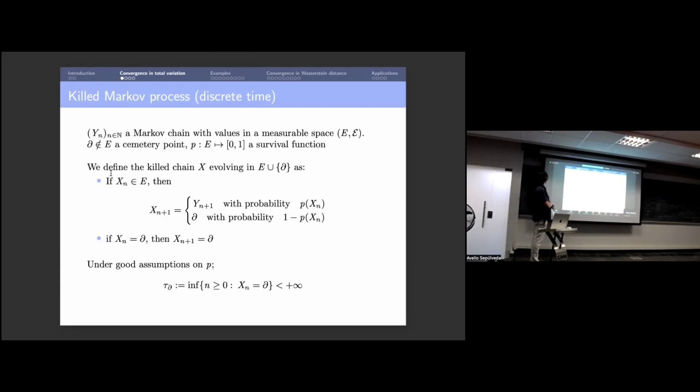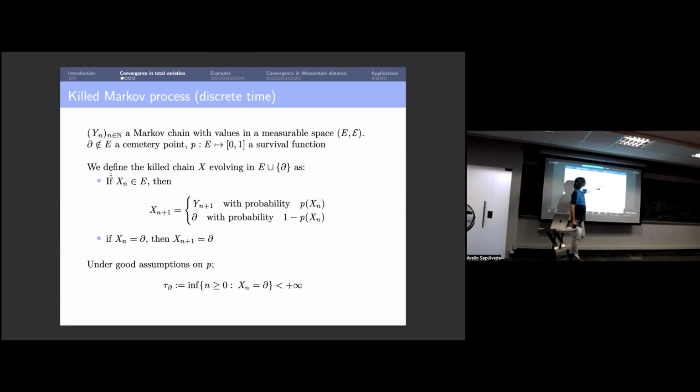So now I'm giving you the setting. I'm going to give a criterion for both discrete time and continuous time process, because this is not a problem at all to extend the analysis in the two cases. So to fix notations, I'm going to consider a killed process that is constructed starting from an unkilled one, right? So Yn is the unkilled process.